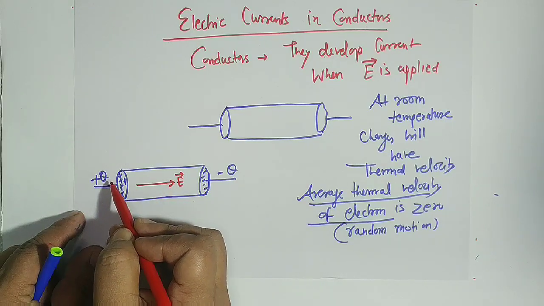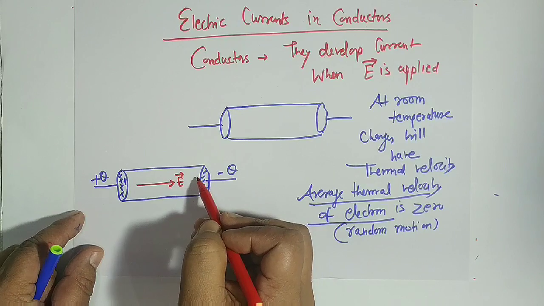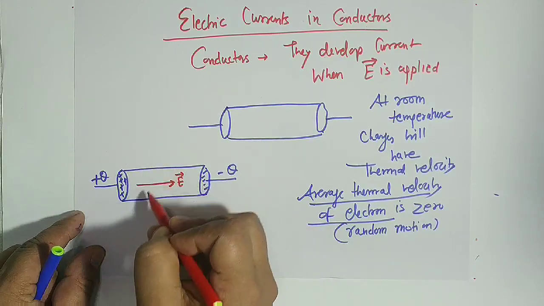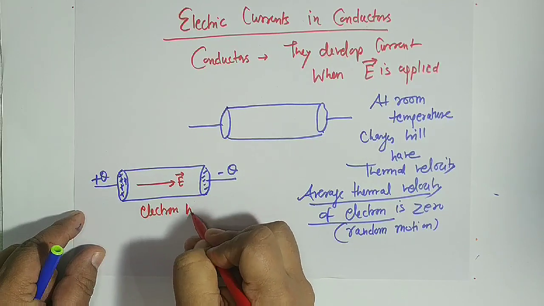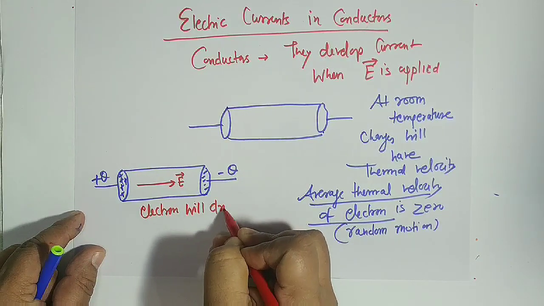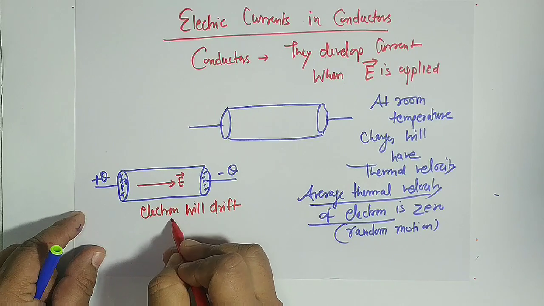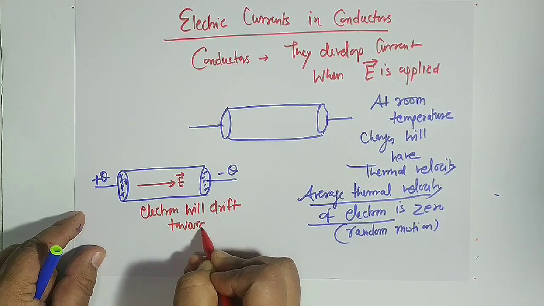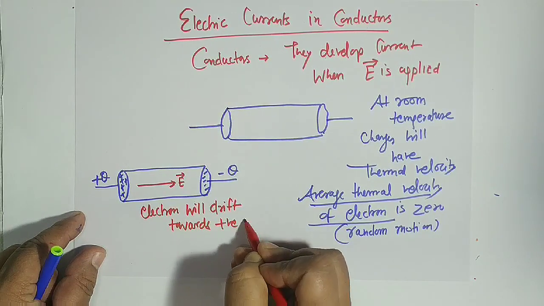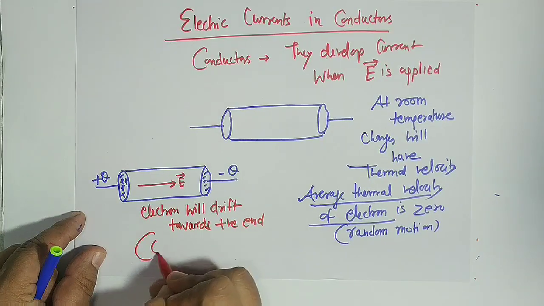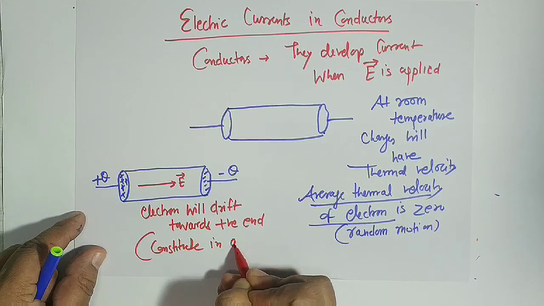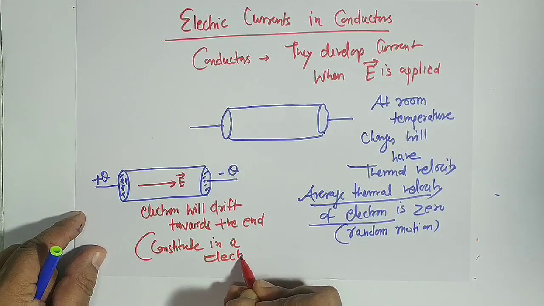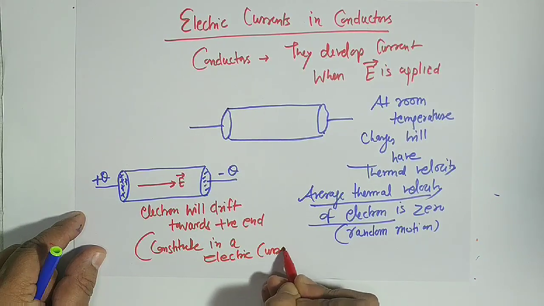We have applied plus Q and minus Q here. The electrons will flow, and we can say the electrons will drift. This is a very important word. Drift towards what? The positive end. And that will constitute what? An electric current. So this way the electric current develops.